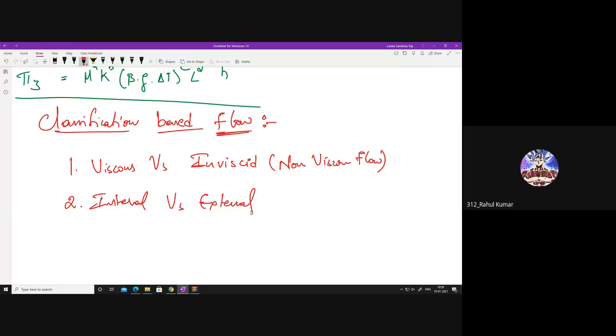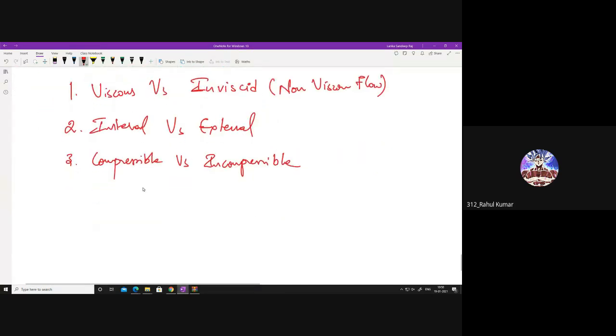Internal means flowing inside a tube, and external flow means flowing over a body. Then the third one, compressible flow versus incompressible flow. Compressible means the density is not constant, whereas incompressible means density is constant.